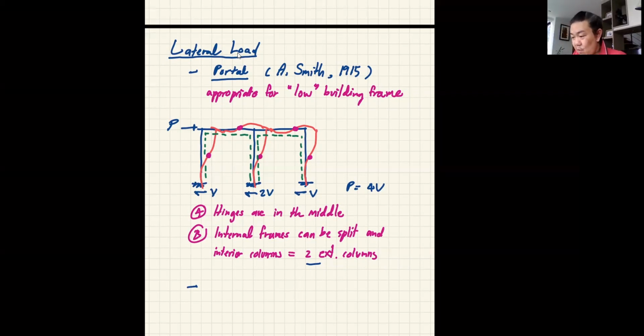The next one is called the Cantilever Method. This is by the guy named A.C. Wilson, nothing to do with the Wilson in the movie Castaway. 1908. Okay.